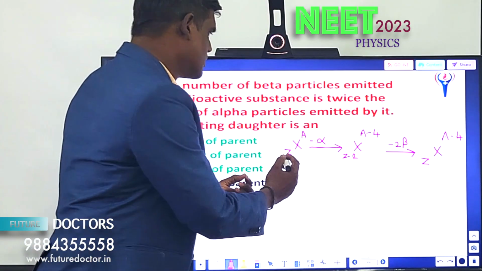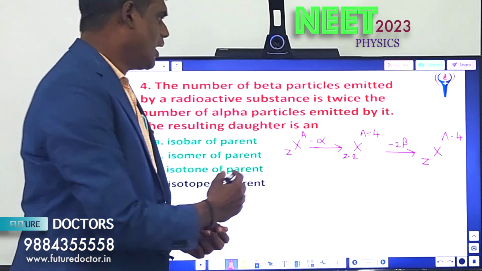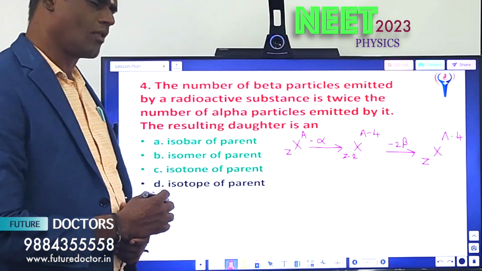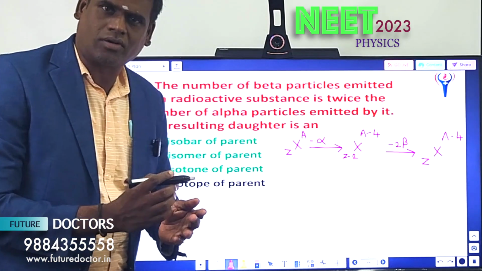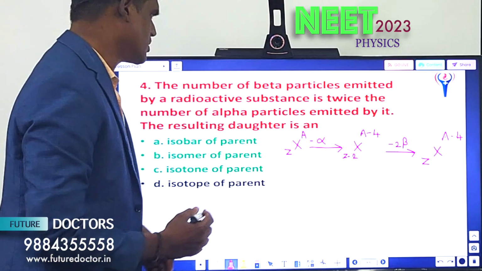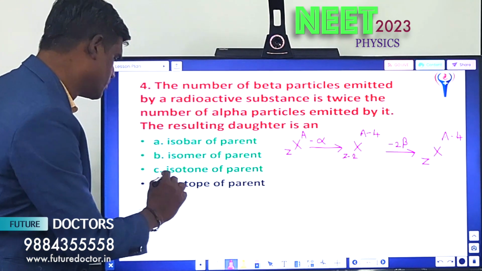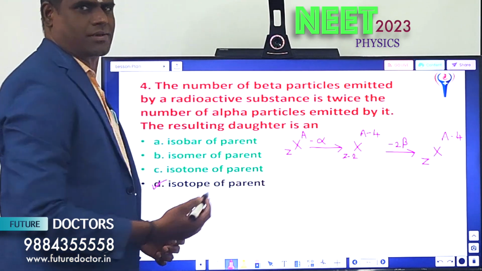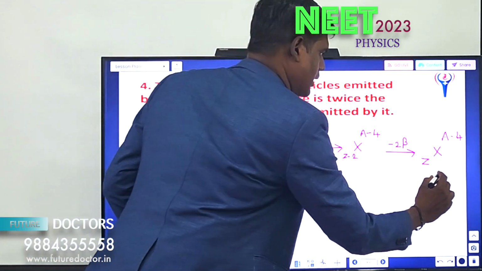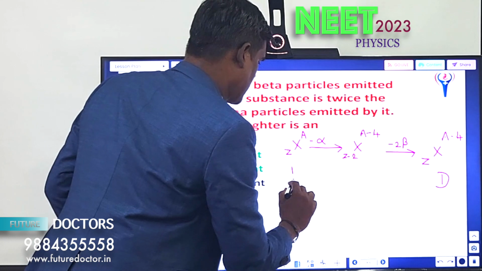So what is that? Same atomic number and different mass number. So what is the name of that element? The elements having the same atomic number but different mass number are isotopes. So the daughter is an isotope of the parent. This is the daughter nuclei and this is the parent nuclei.